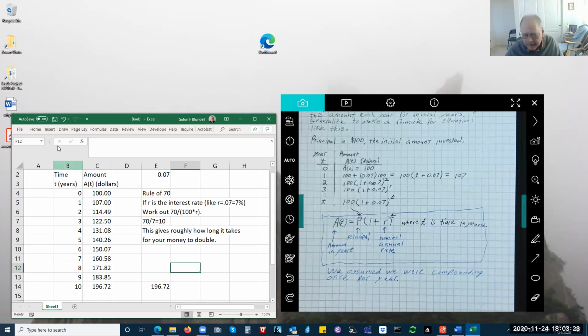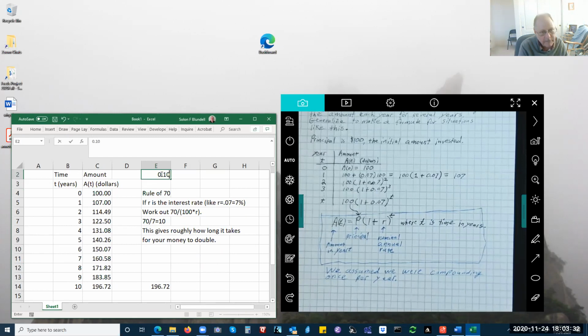Oh, but you can play with things to get a feeling for how this works. Like if you had 10% interest, then it should only take 7 years to double. You see, here we are at 7 years. We're just about up to $200, just almost. Okay. Or you put it in a mutual fund that in a good year grows by 20%, and in a bad year, maybe you lose most of your money.